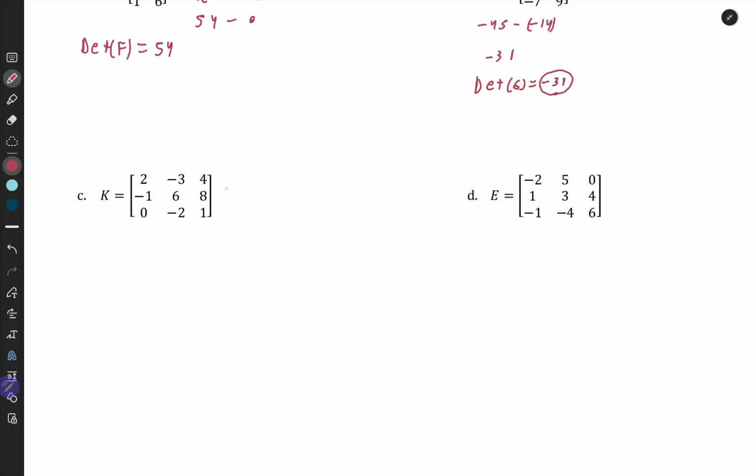For your A, you're focusing on this for your A, B, and C. This is your first letters. So A is 2. So let's just write our formula down. A, and then you have this portion.